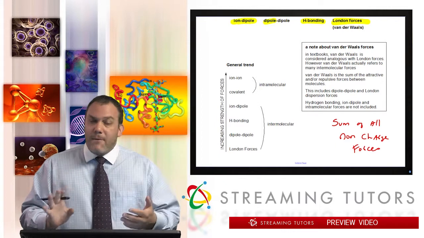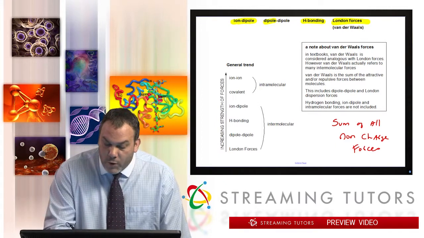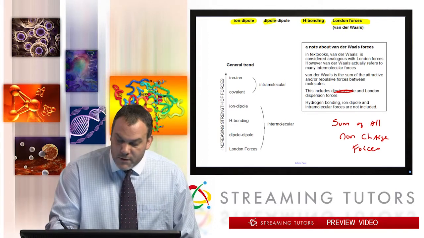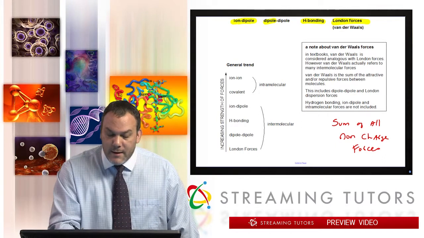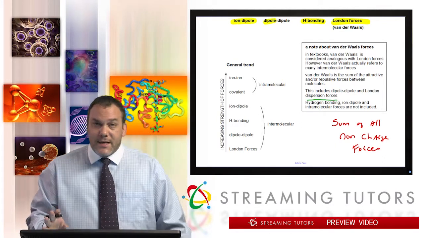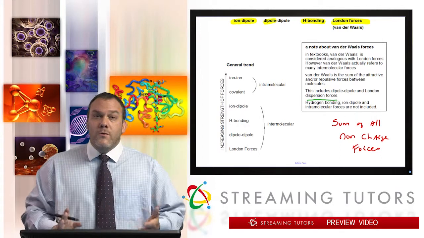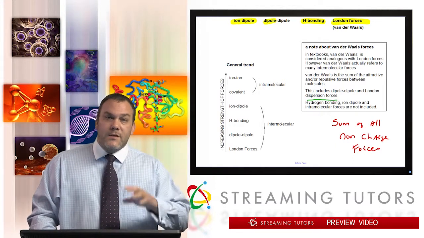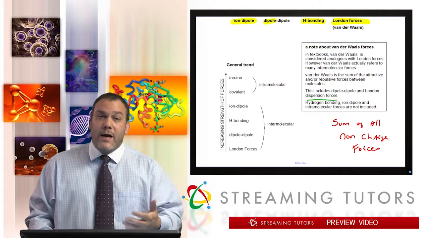But again, it depends on your source. So I wrote that van der Waals only includes dipole, and it also includes London dispersion, but I didn't say it includes hydrogen bonding. But then I looked at your book, and your book says it does include hydrogen bonding. So, if you do a Google search, for example, go to Wikipedia and look up London forces, you'll see that it excludes hydrogen bonding, but your textbook includes hydrogen bonding.